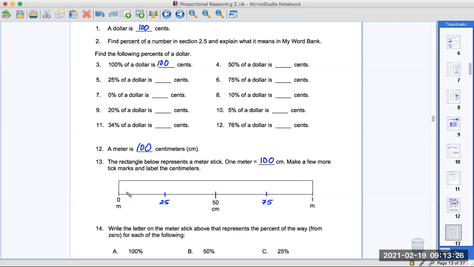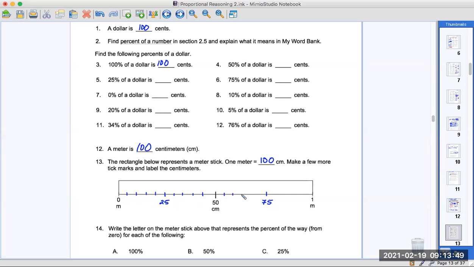So your job is to figure out how to make this happen. This is 5, 10, 15, 20, 25, 30, 35, 40, 45.